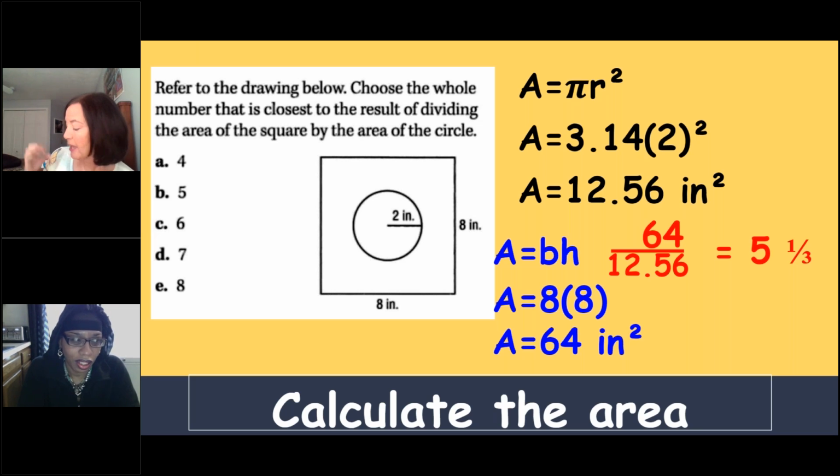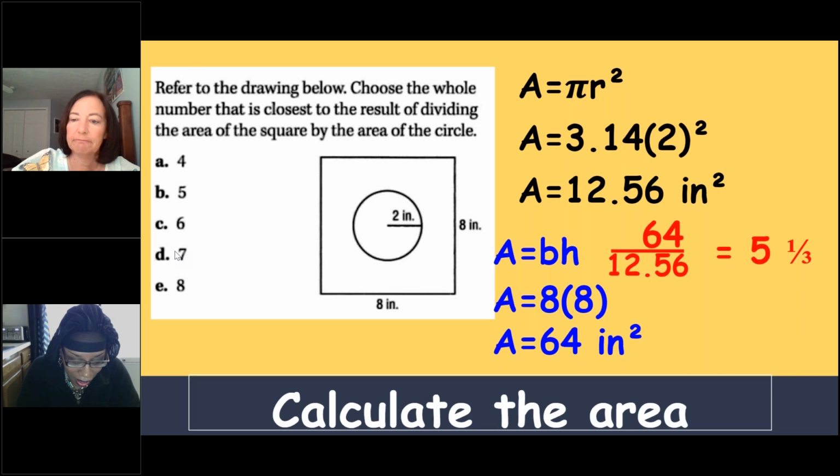It actually was 5.0955414. But the question says they want us to find the number from these choices over here, A, B, C, D, and E, which number is the closest to 5.0955414.